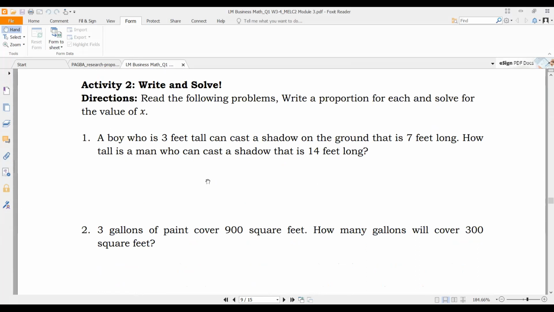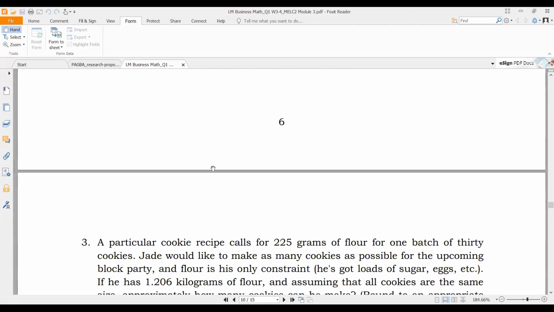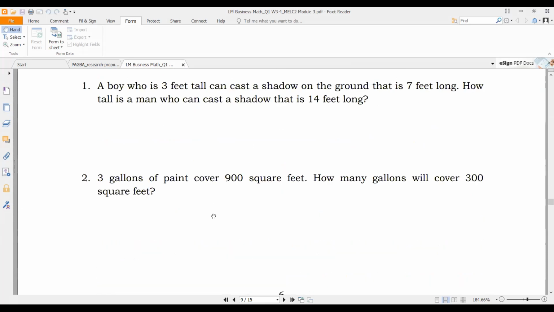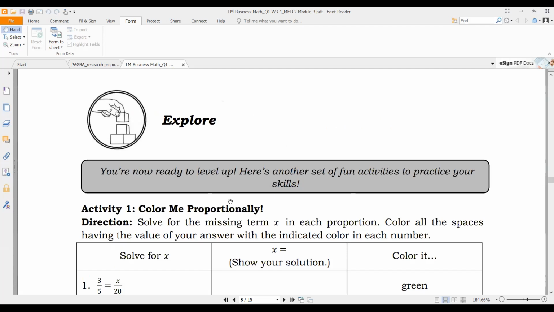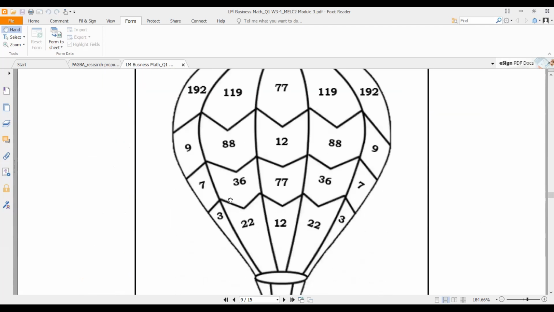So, kayo na lang po mag-identify kung ang given ay direct, partitative, or indirect. And also, so ibig sabihin you'll be doing explore activity 1 and explore activity 2 plus the summative exam na ibinigay ko po sa inyo. Clear po tayo?